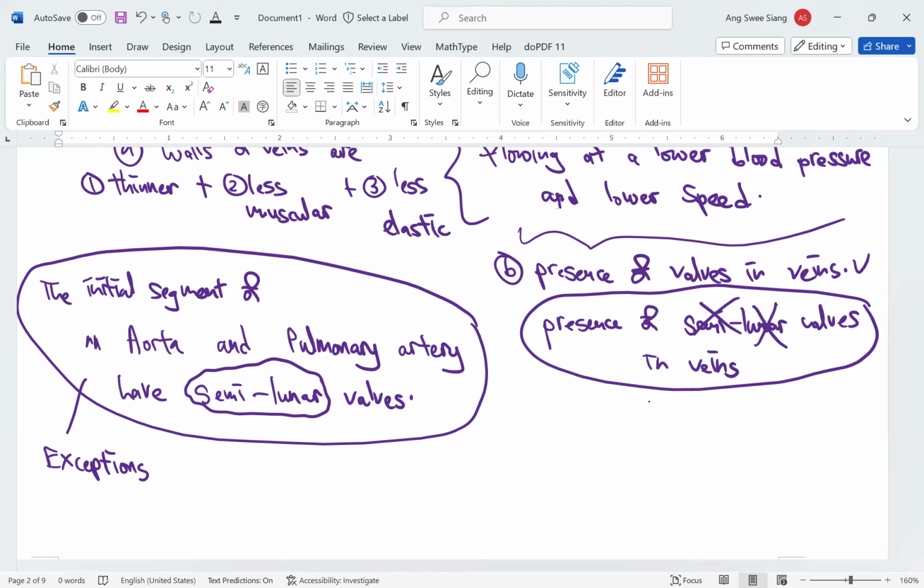The valves found in the initial segment of the aorta and pulmonary artery are described as semi-lunar, but all the other valves found in the other veins are not semi-lunar. You cannot use the word semi-lunar to describe them.